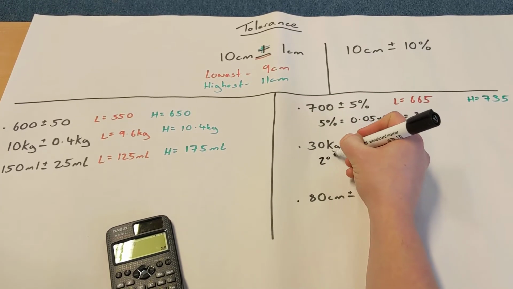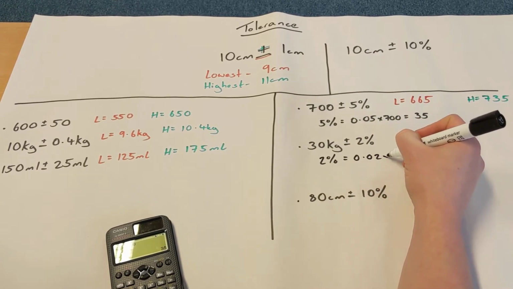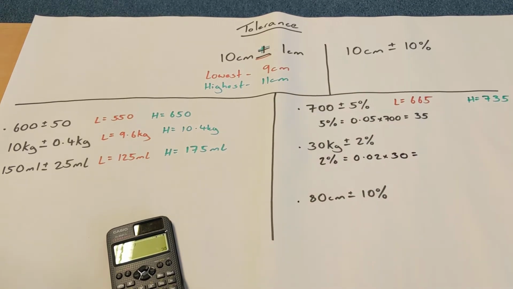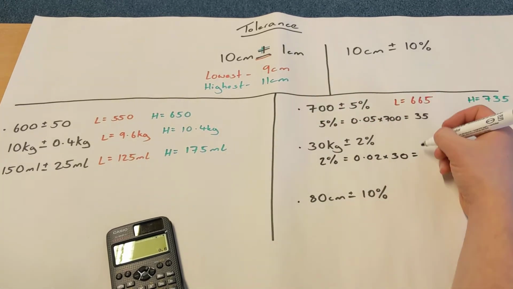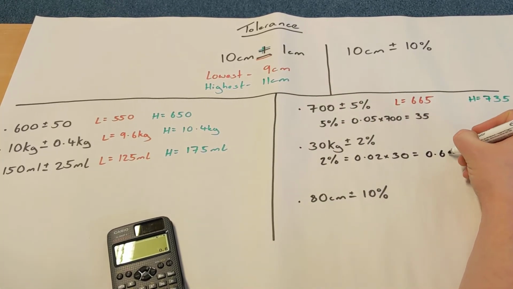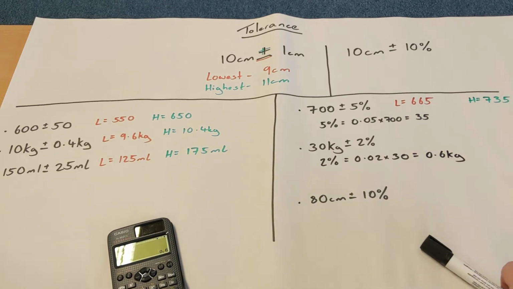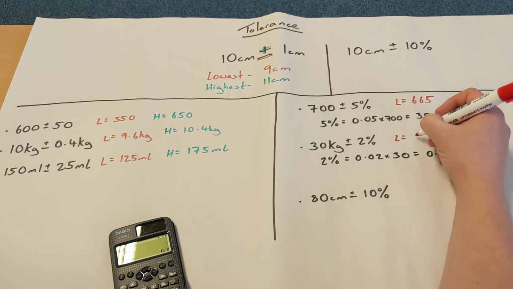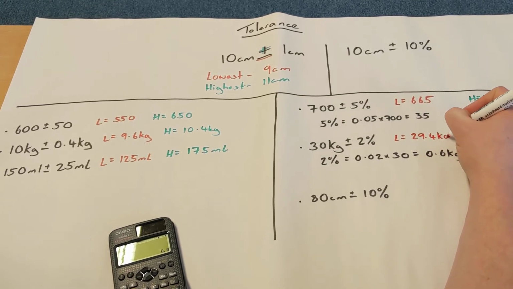So to work out 2%, 0.02 times by 30. So 0.02 times by 30 equals 0.6 kilograms. So the lowest is going to be 30 kilograms, take away that. So 30 take away 0.6 is 29.4 kilograms.